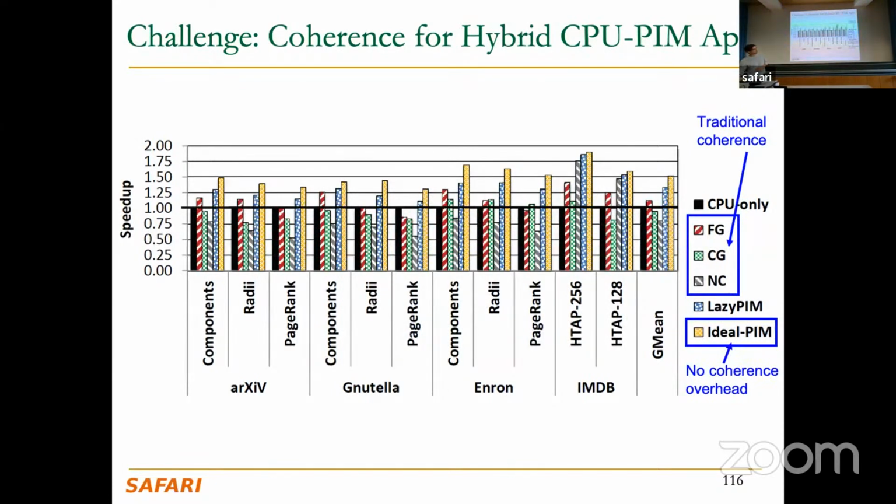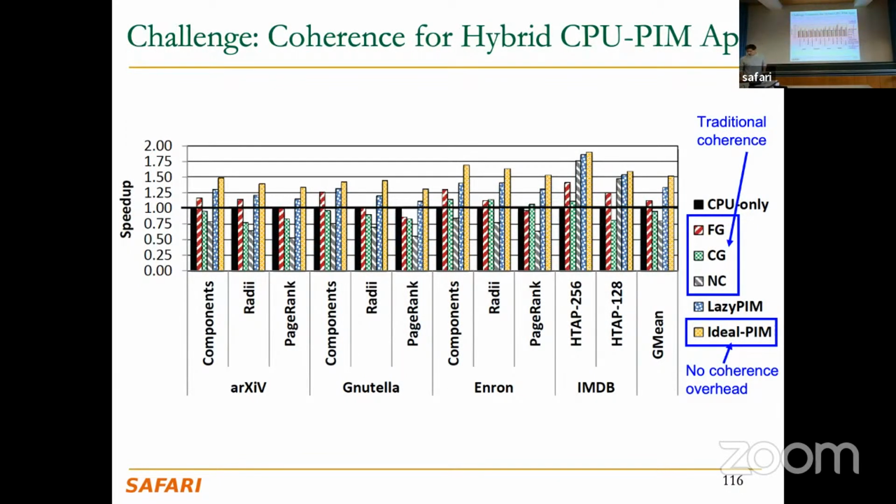This FG here, for example, implements the MESI protocol between the host side and the memory side, and they compare the performance of the workloads in these hybrid CPU-PIM systems to an ideal case where there is no coherence overhead. This is done in simulation, so you can get rid of all the coherence overhead and then obtain this measurement.